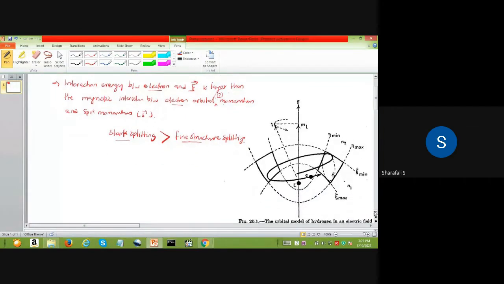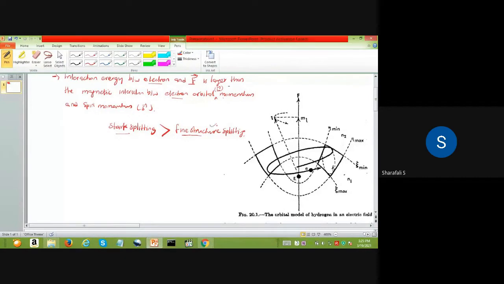When the Stark splitting is larger than the fine structure, this condition we call the strong field Stark effect. This is what is meant by strong field.